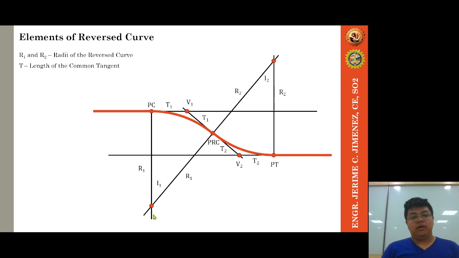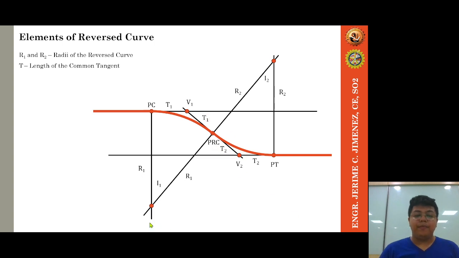T, okay, is the length of the common tangent. And that T lies from the V sub 1 papunta sa V sub 2. Okay? And it is where the PRC is located. Okay? Diyan nyo po ipapatong ang PRC. Okay? So that is the length from V sub 1 papunta sa V sub 2.